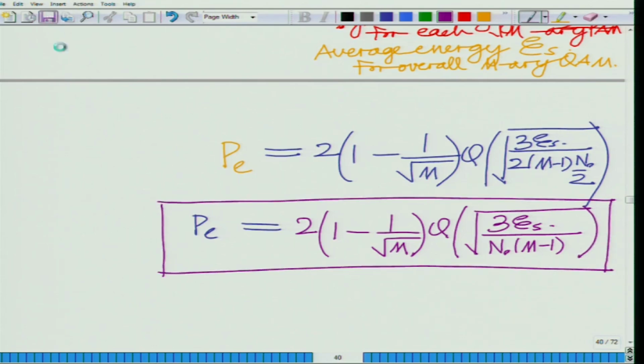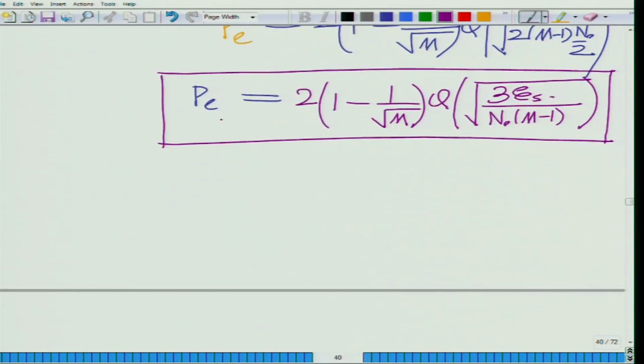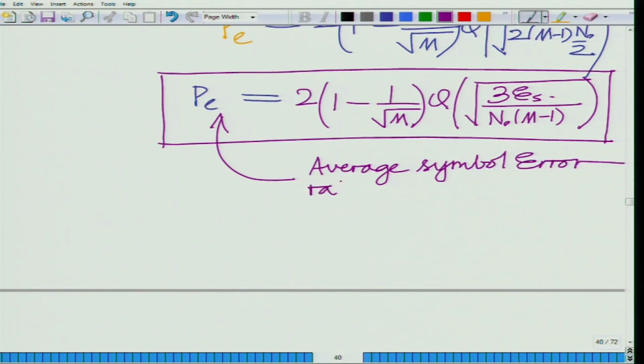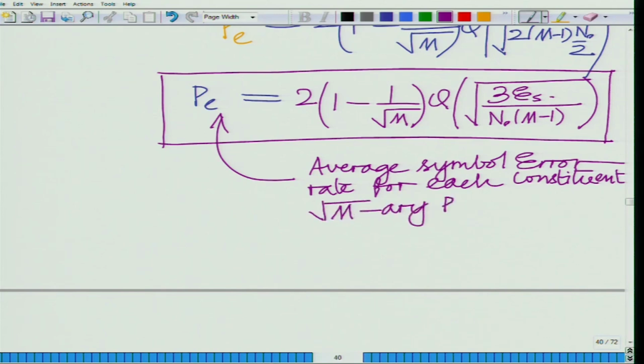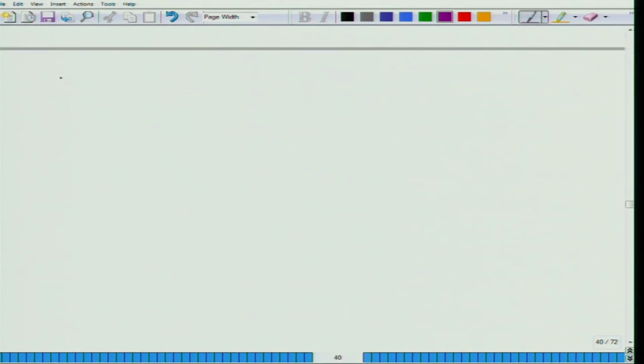Okay. So, this is the average probability of error or average symbol error rate for each constituent square root M-ary PAM, with average symbol energy Es by 2, and similar to QPSK, again similar to QPSK.